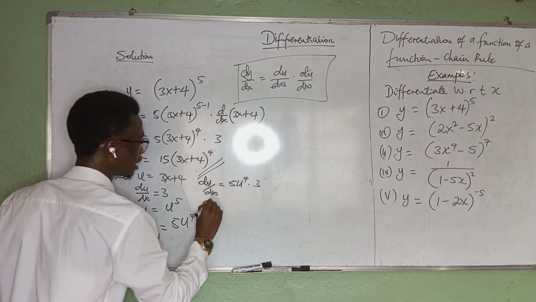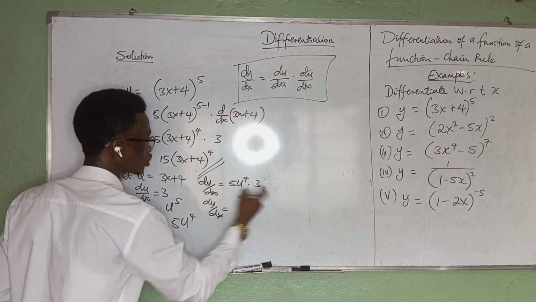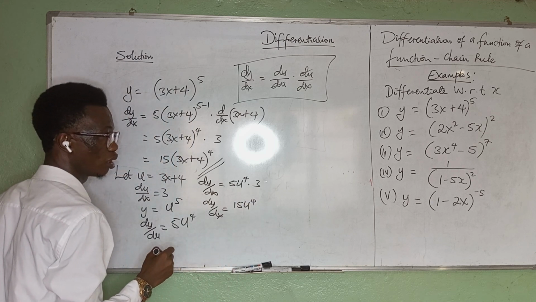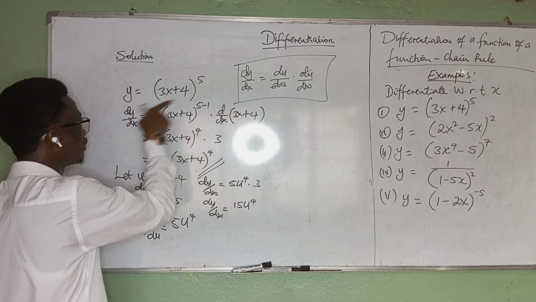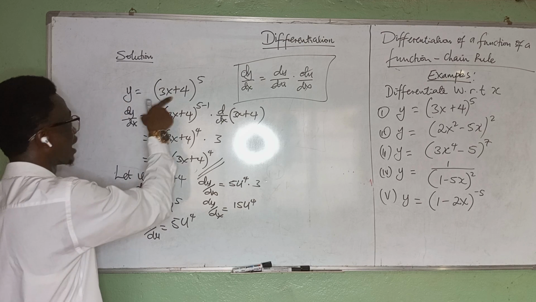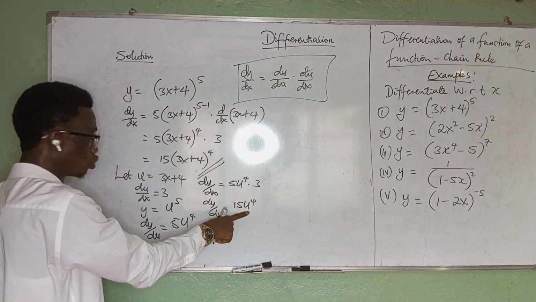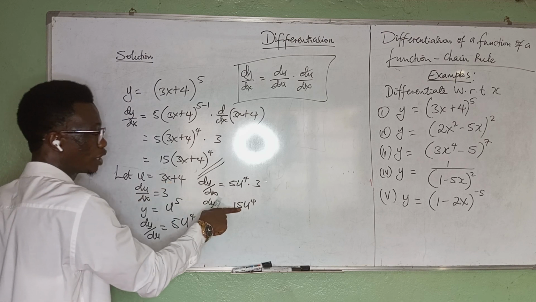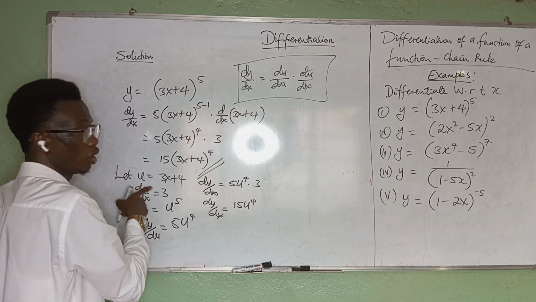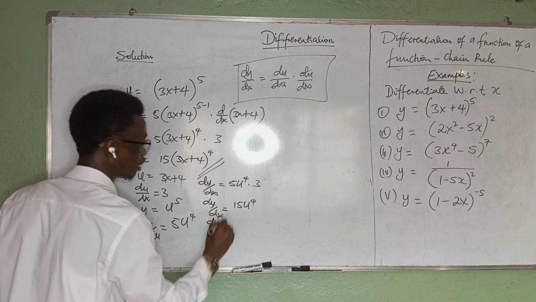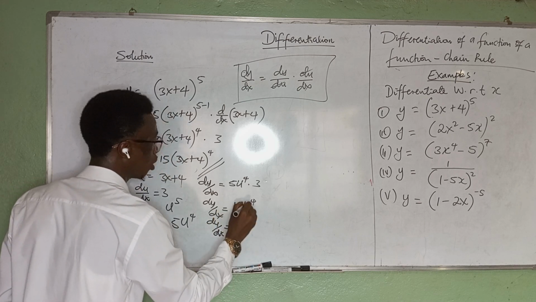So the answer dy by dx equals, if you multiply this, 15u raised to the power 4. But remember, the variables we are dealing with are y and x, so we have to bring in x again. Remember, we let u be something, so we now replace u with whatever we let before. So we have dy by dx equals 15 into, what is your u?